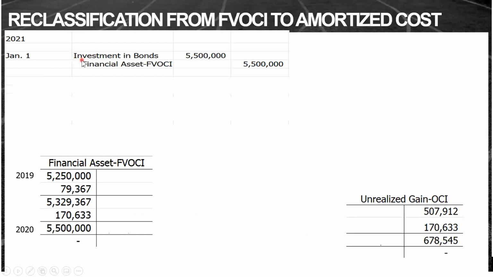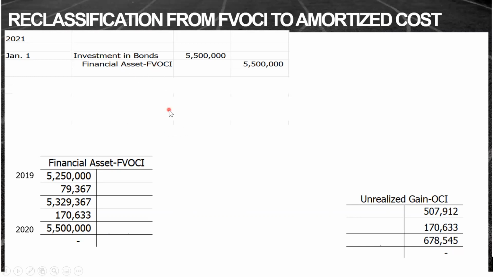So let's reclassify our financial asset from FVOCI, gawin nating investment in bonds. So since walang sinabi, yung fair value daw ng January 1, 2021 ay wala namang changes based sa December 31, 2020 na fair value. So we have to reclassify our investment into a debit to investment in bonds and credit financial asset FVOCI.